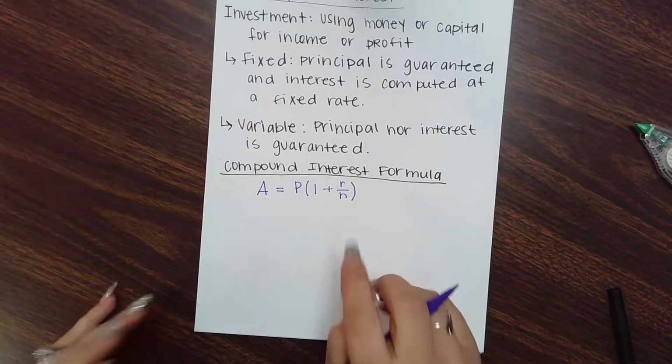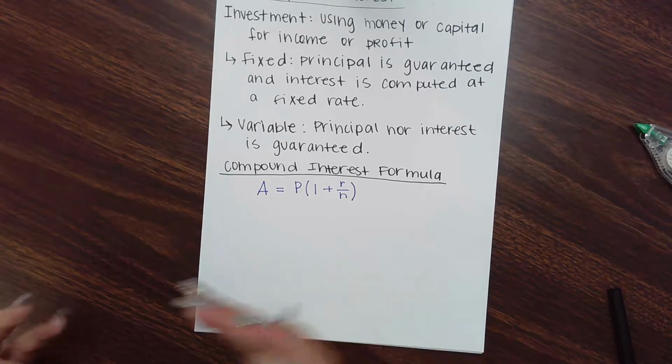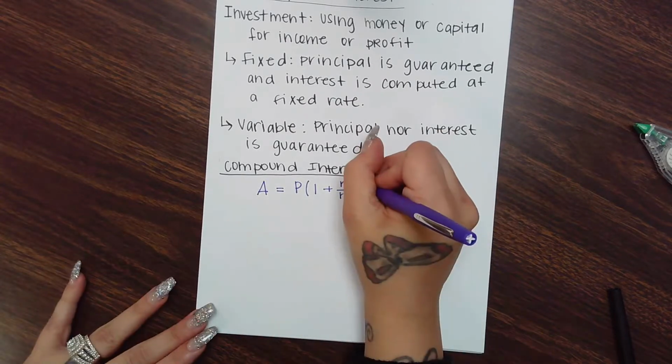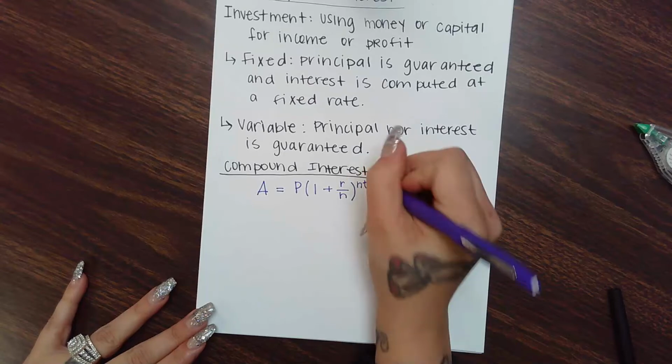Notice the N, that's the new variable that we're going to need to define. Now you also need to raise this set of parentheses to the N times T power.